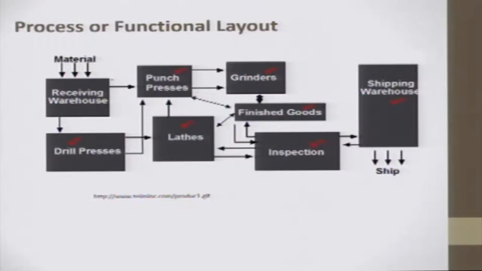So my product would first be received here, then the second operation is drilling, third is grinding, fourth is inspection, and the final shipping. So this red arrow path is for my one product.